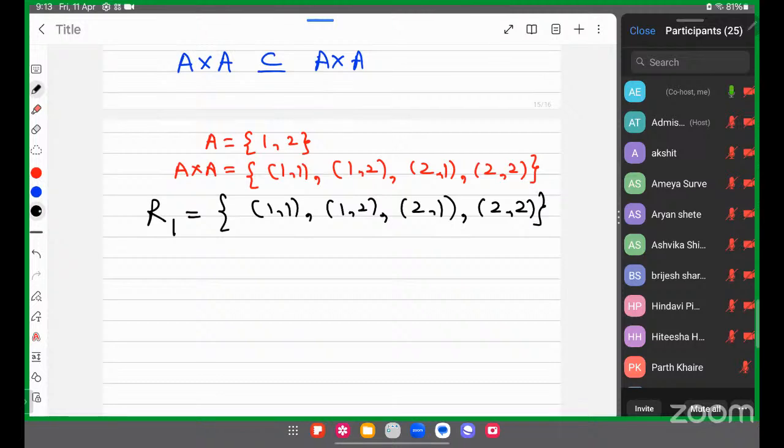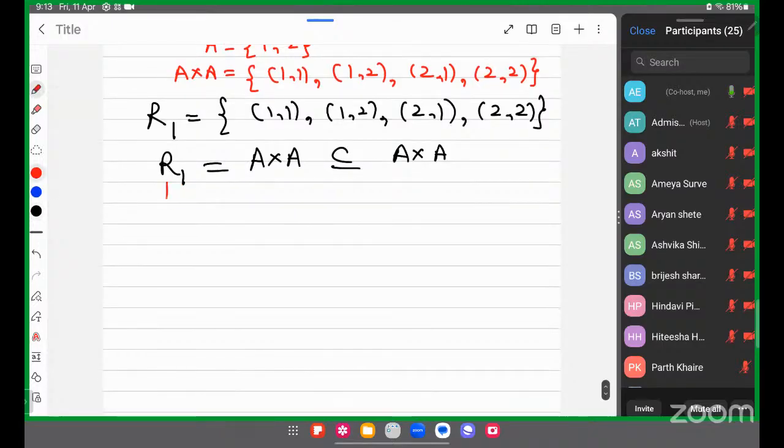So you can clearly say that relation R1 is nothing but A cross A, and A cross A is a subset of A cross A, which means R1 is a universal relation. Basically, universal relation is a relation in which all possible connections are included in the set.